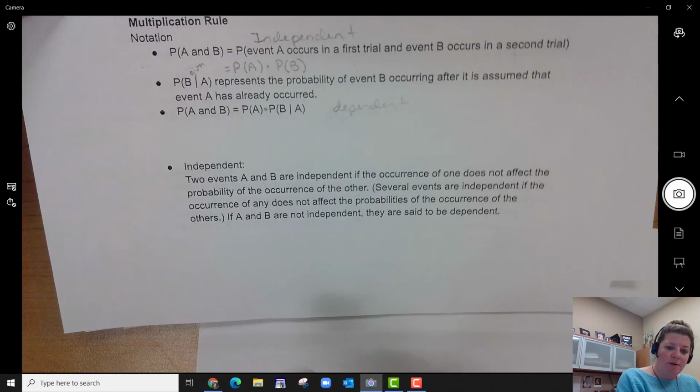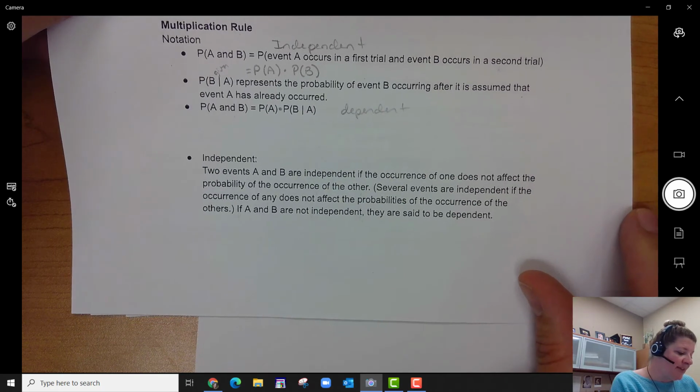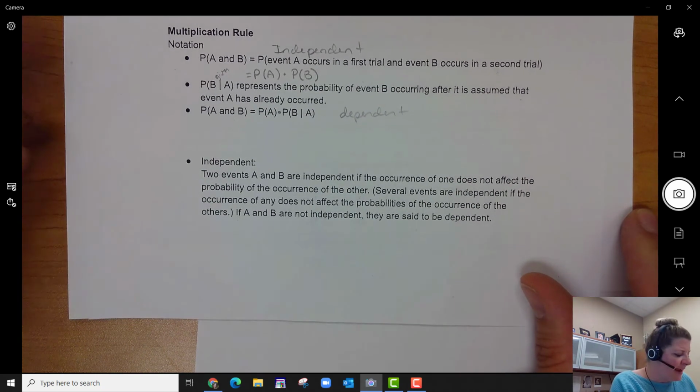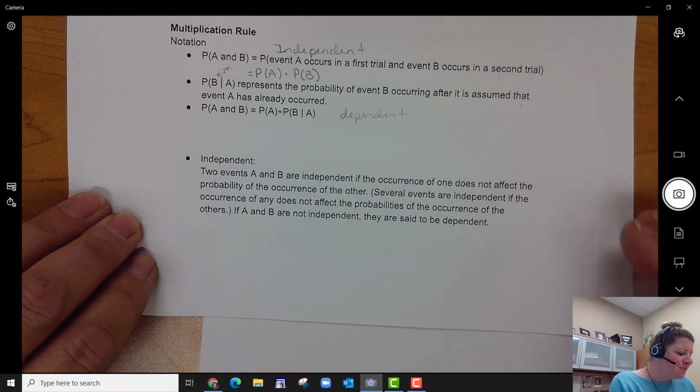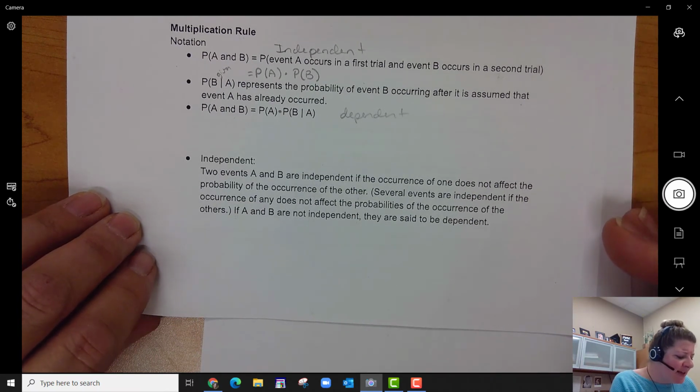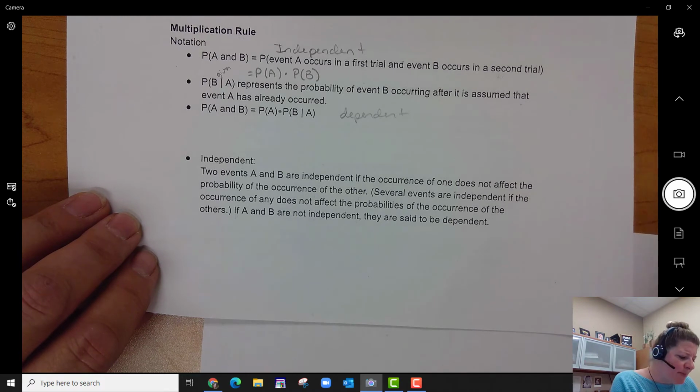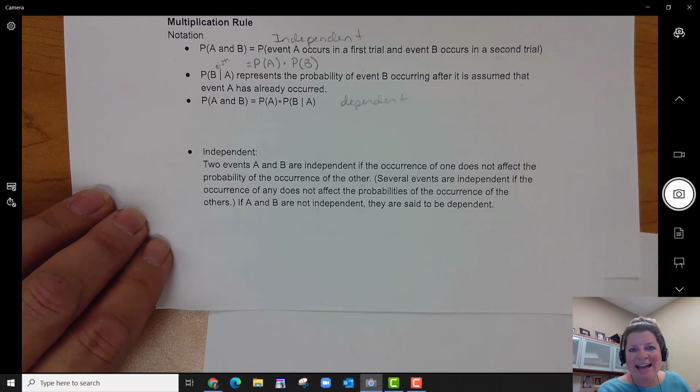So the next little idea, you can pause and get that in your notes, or you could print this note packet or have it open if you want. But this is basically two independent events versus dependent. Independent is where the probability of the first does not affect the second. Dependent, the first affects the second.